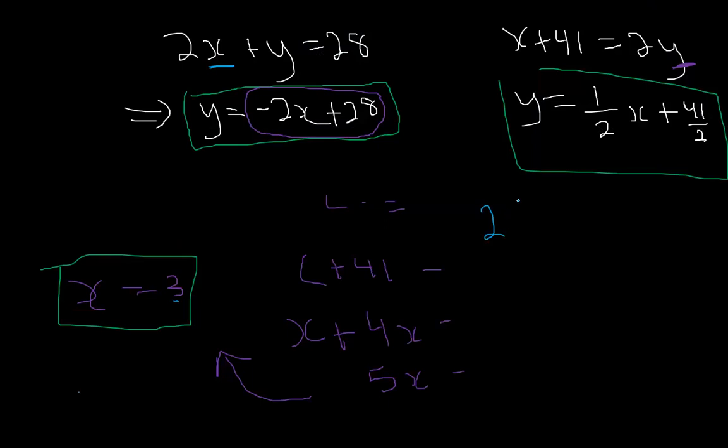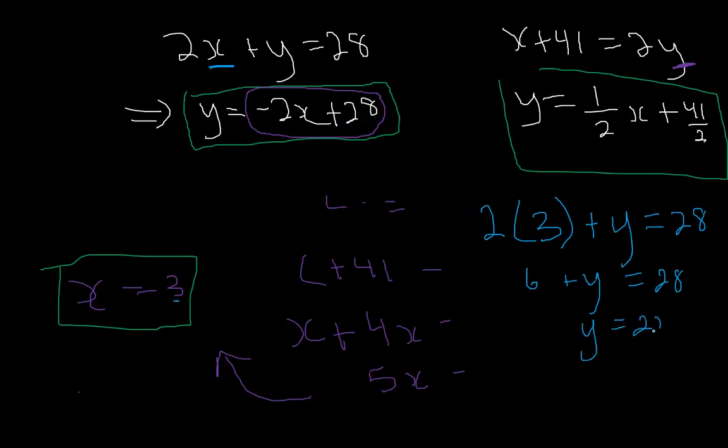So this becomes 2 times 3 plus y is equal to 28. And we're trying to solve for y now. 2 times 3 is 6, plus y is equal to 28, and 28 minus 6 is 22. So y is equal to 22.